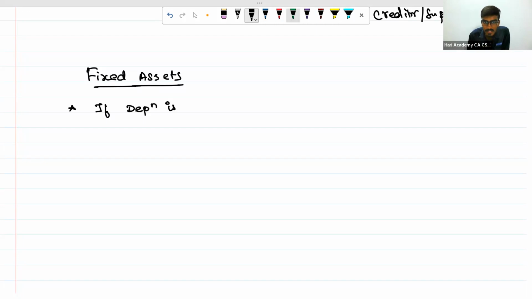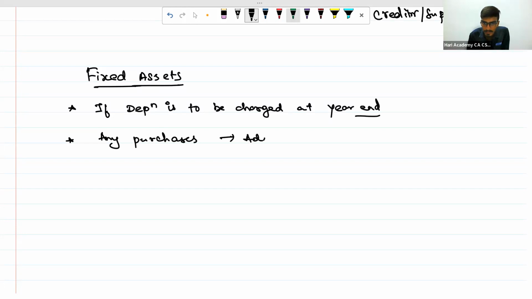Depreciation is to be charged at year end. That's the first point, which is a basic point. And the next point, any purchases must be added and any sales we need to subtract.